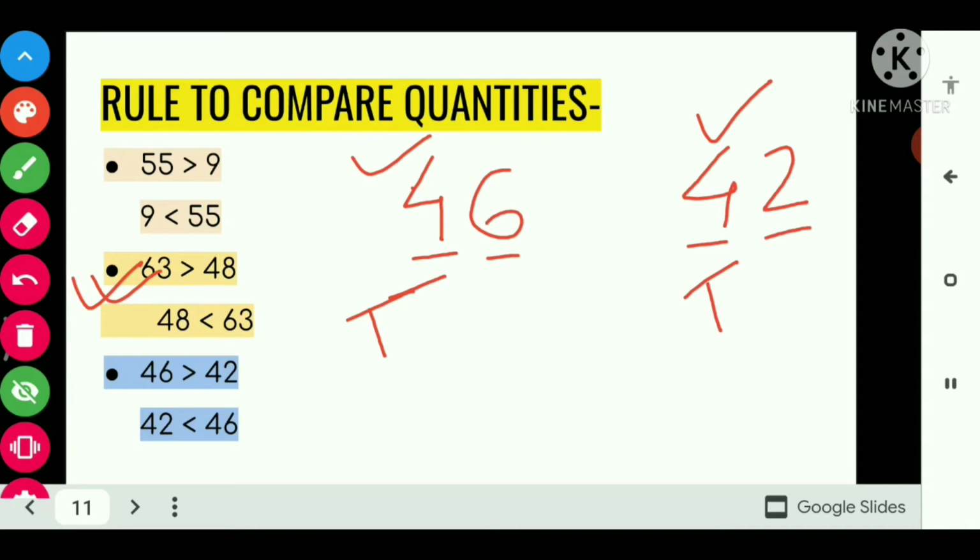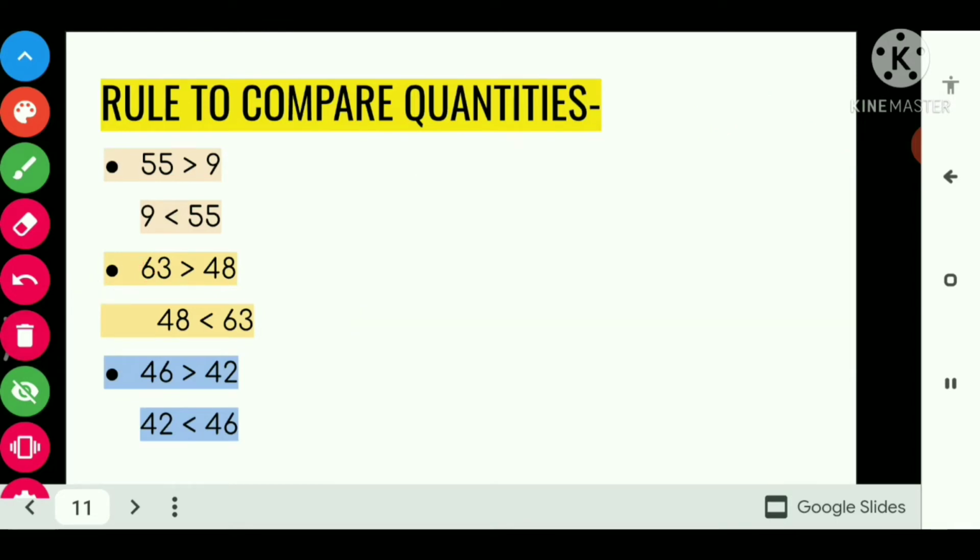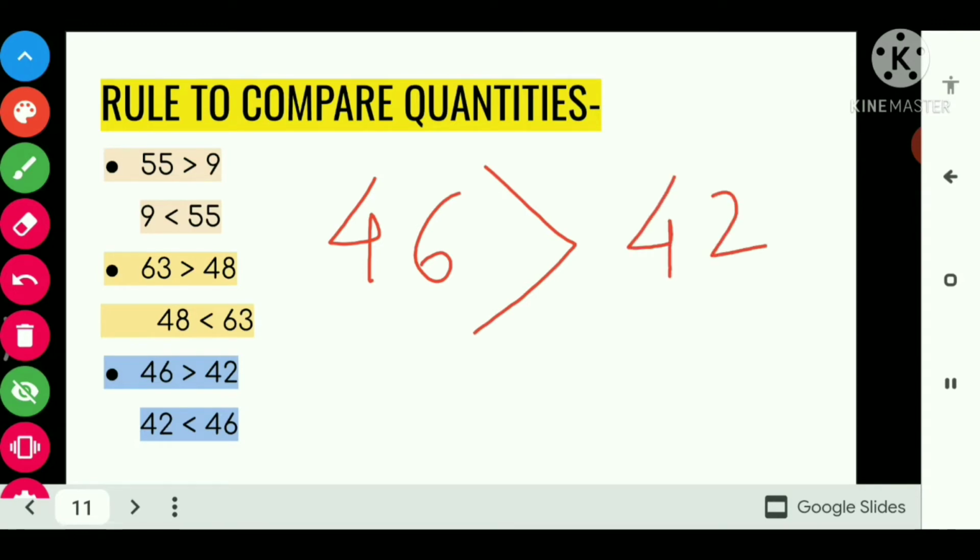So which place value will we now compare? We'll compare the ones place value. Here you can see 2 and here you can see 6. As compared to 2 and 6, 6 is the bigger number. So we'll put the sign towards 46. So 46 is bigger than 42 on the basis of the ones place value.